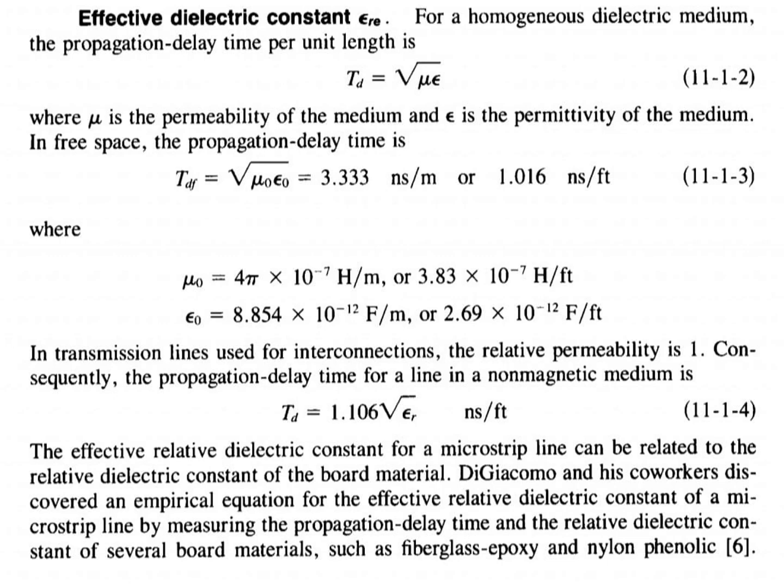In transmission lines used for interconnection, the relative permeability is 1. Consequently, the propagation delay time for a line in a non-magnetic medium is Td = 1.106 √ε_Re. The effective relative dielectric constant for a microstrip line can be related to the relative dielectric constant of the board material.